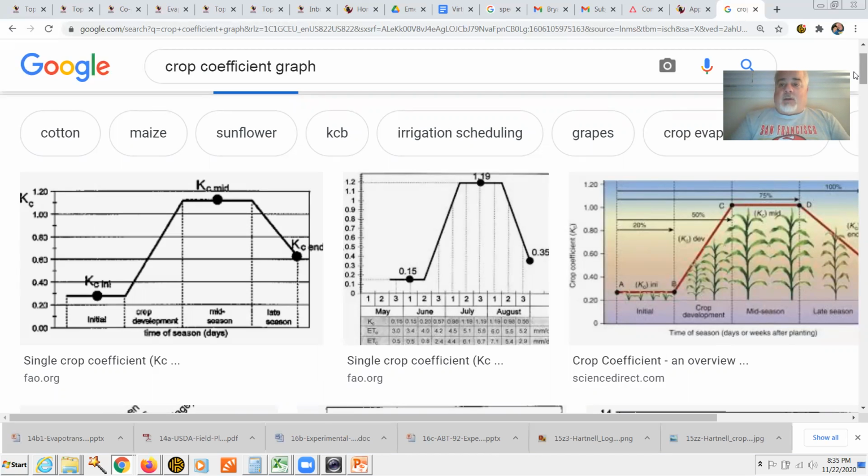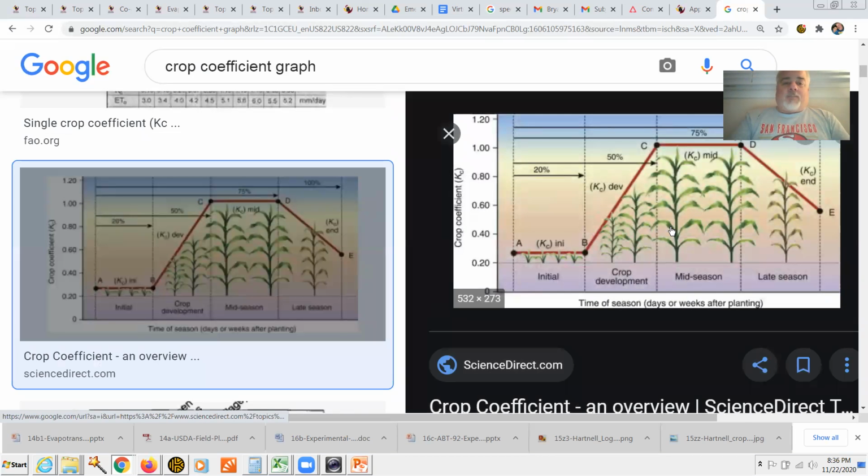That's the easy part. But now I need to multiply it by some magic number called the crop coefficient to get my actual crop ET. That takes some experience and some knowledge about these crop coefficient graphs, and you have to pick where mine is going to be. Where am I in my crop? Got to read some papers to do that.